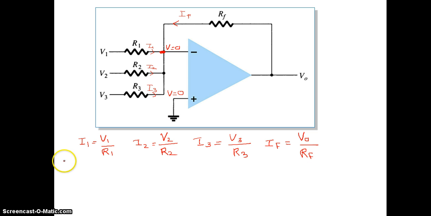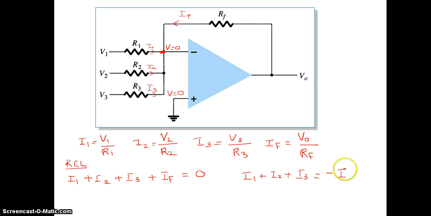And apply KCL in this node. Applying Kirchhoff's current law to this node, I can write current I1 is entering plus current I2 is entering plus current I3 is entering plus current IF is entering should be equal to 0. Or I can write it as I1 plus I2 plus I3 should be equal to minus IF.